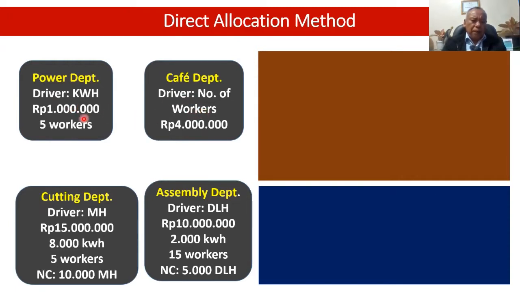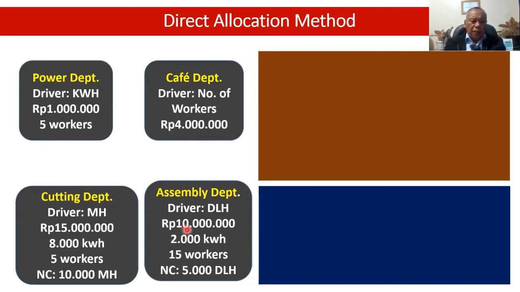For example, in this case, we have budgeted costs for the power department of 1 million, for the cafe 4 million, the cutting department 15 million, and the assembly department 10 million.